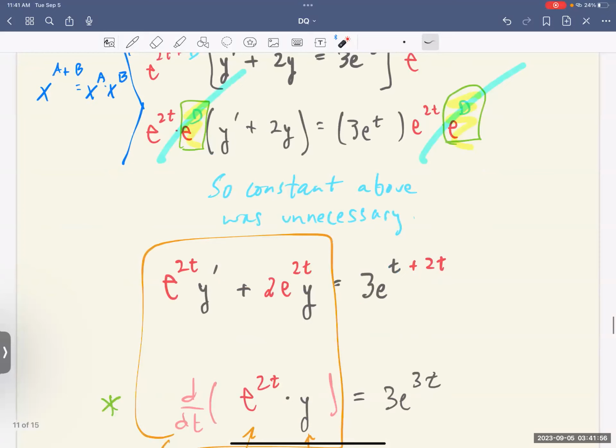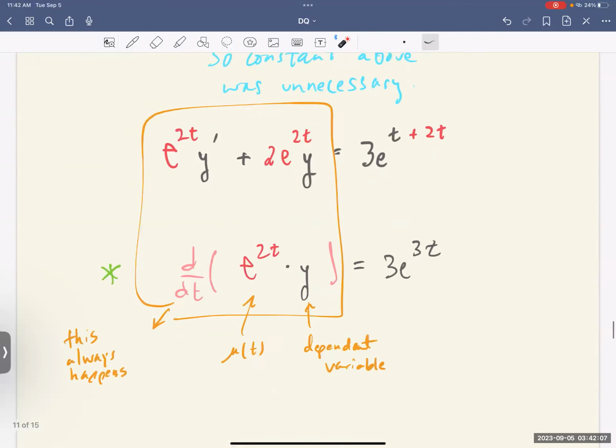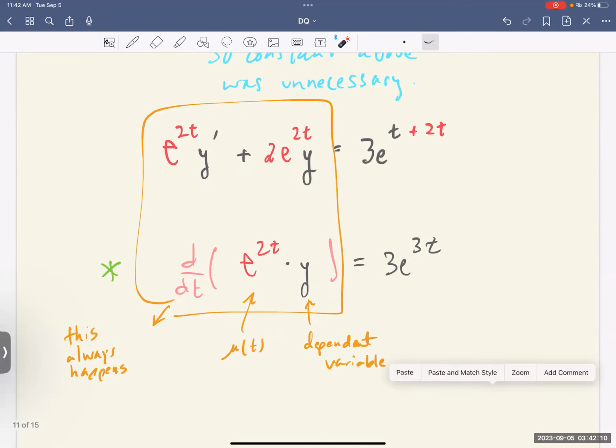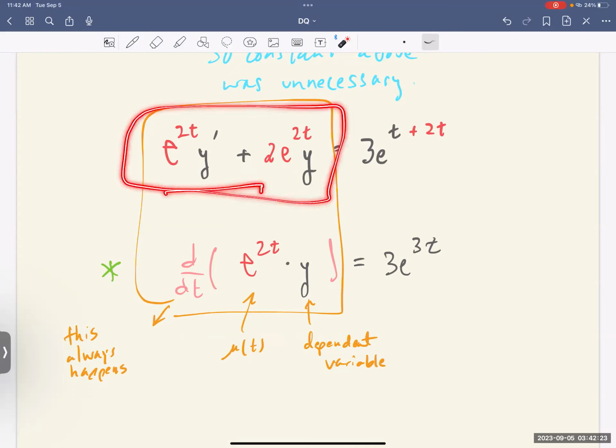So let's take that e to the 2t, let's distribute it there and there. And that's showing up here. The right side, let's multiply those. So that's e to the t plus 2t, and now the right side becomes 3e to the 3t. Then the left side, look, we have this here, the whole left side, when we multiplied the integrating factor times the left-hand side.